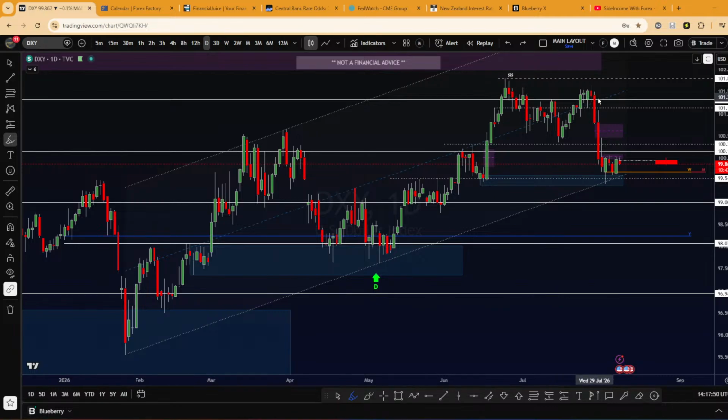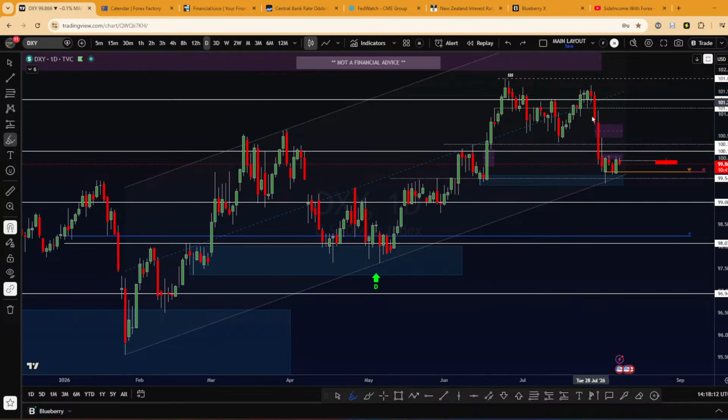I think it was last week on Wednesday, somewhere here, after the FOMC meeting. The speech apparently came out less hawkish, and that's why we saw this huge drop on the dollar.